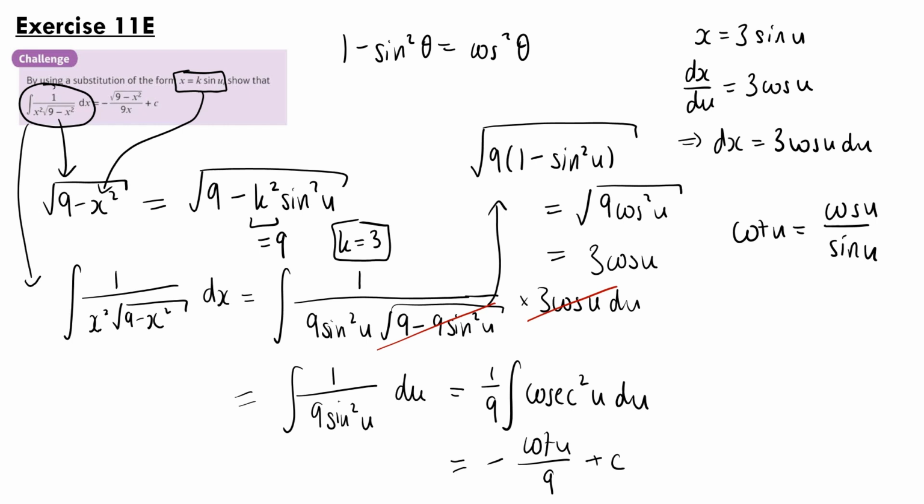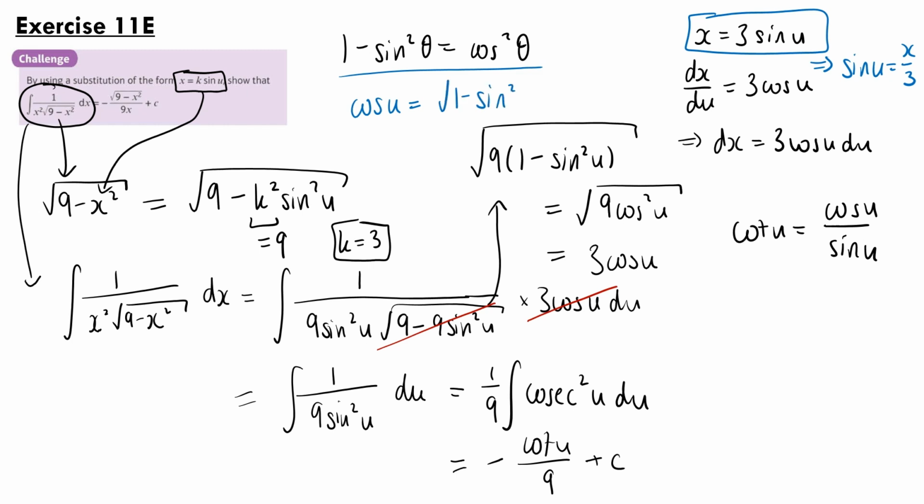And from here, this original substitution equation up here, we can rearrange to find what sin u is. So sin u is equal to x over 3. And for cos of u, we need to use the identity up here again to find that cos of u is equal to the square root of 1 minus sine squared u.